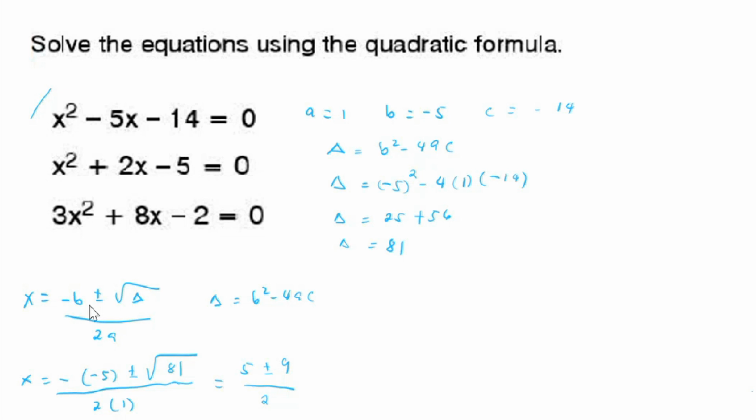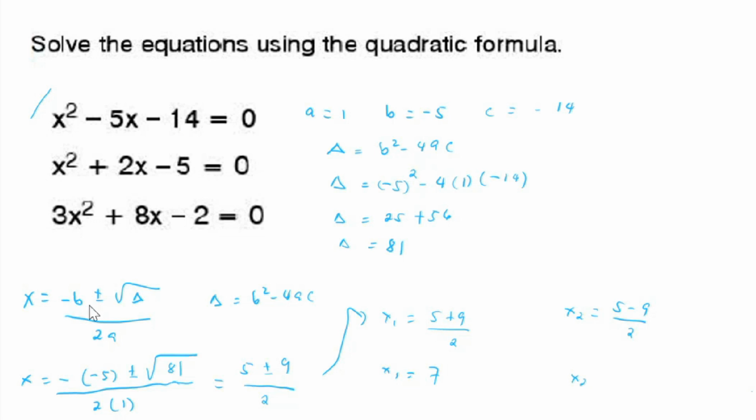Separating the values of x, x sub 1 equals 5 plus 9 over 2, and x sub 2 equals 5 minus 9 over 2. Simplifying further, 5 plus 9 is 14, divided by 2 is 7.